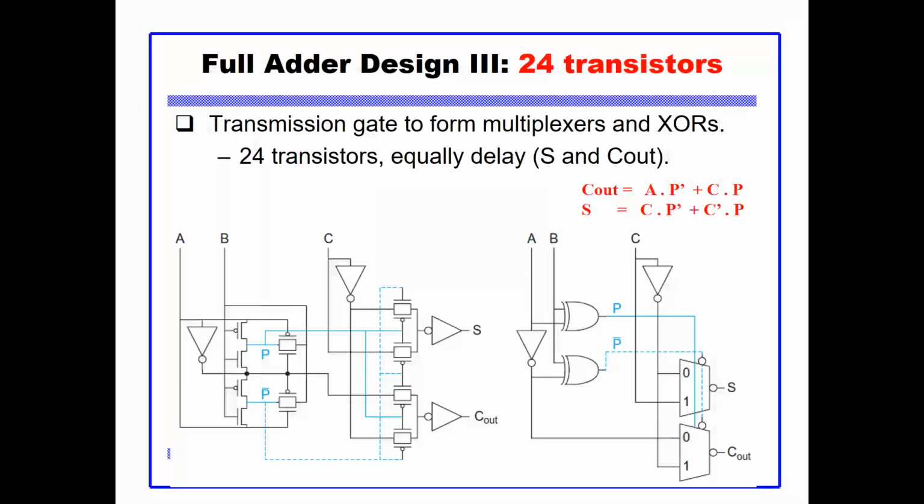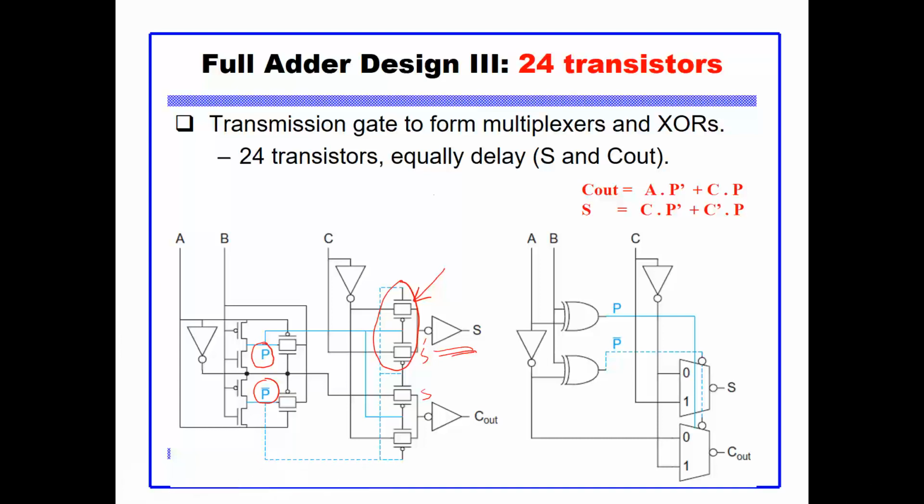So you can see how we generated P and similarly P prime, and how from this 2-to-1 multiplexer we generated the sum and the sum prime. After the inversion, it will be a sum prime. So this is a 2-to-1 multiplexer using the P and the P prime as control signals and the C and C prime to generate the sum, as we have indicated earlier.